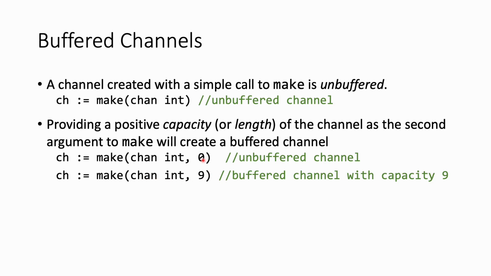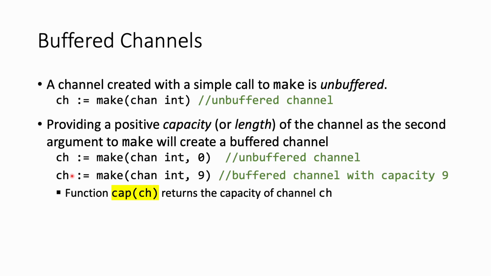If you pass 0 or omit the second argument to function make, then it creates an unbuffered channel. If ch is a channel, then function cap of ch returns the capacity of channel ch.